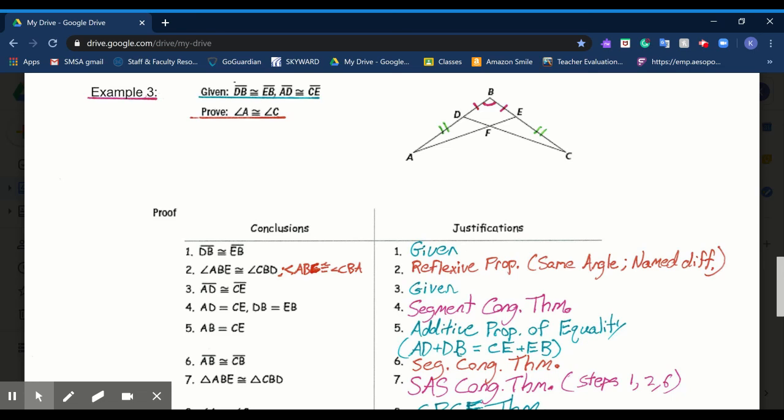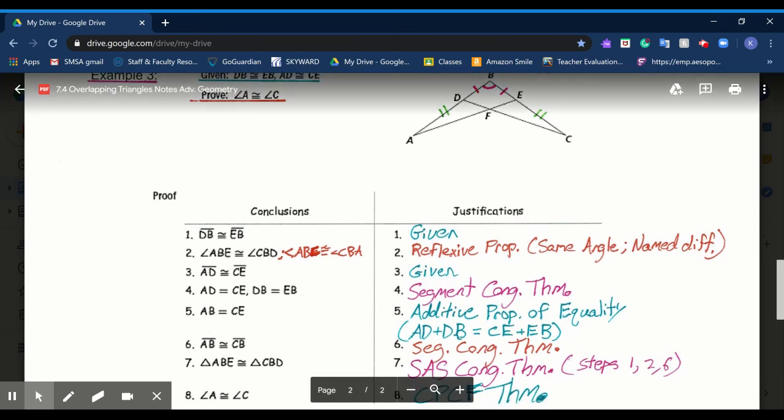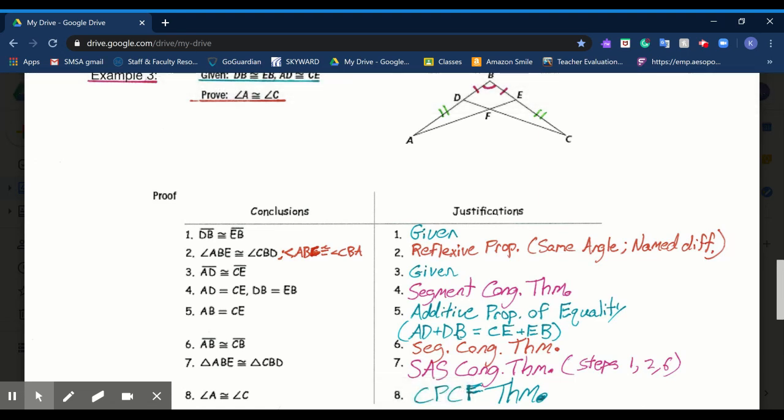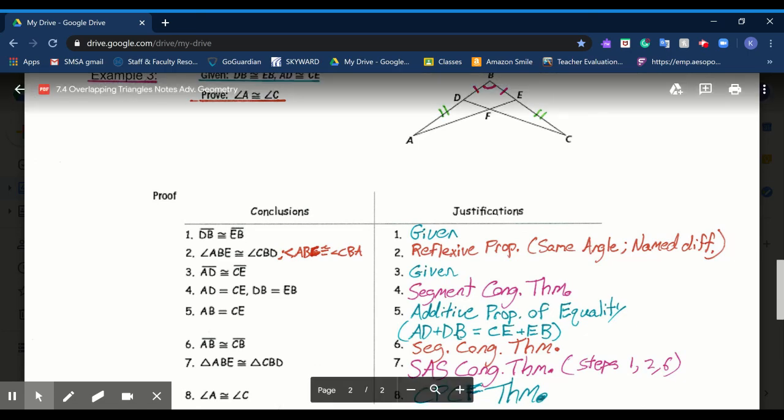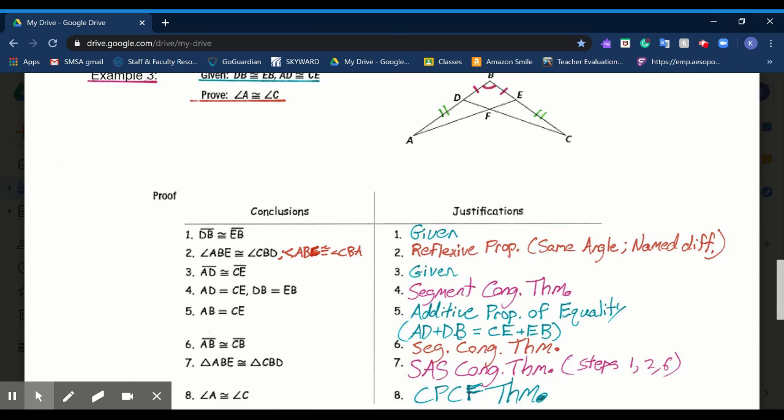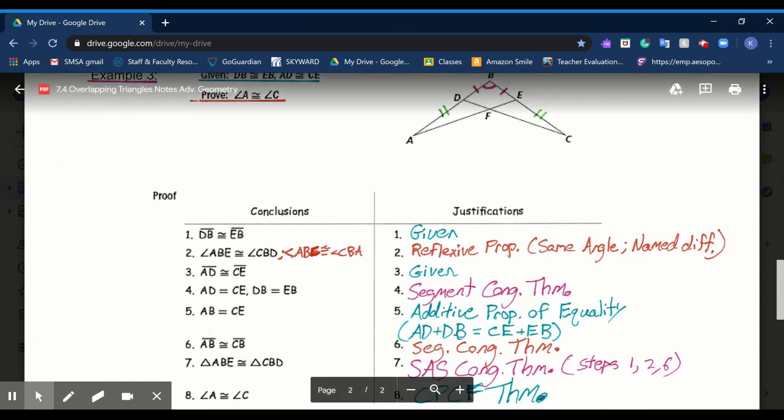That allows us to use the additive property of equality, which is if we take AD and DB and add them together, they would equal CE plus EB. So in this case, the larger segment AB, this whole side, is congruent to the larger segment CE, this whole side.